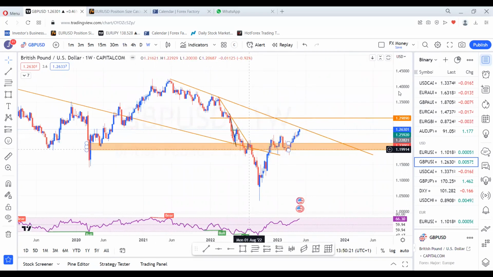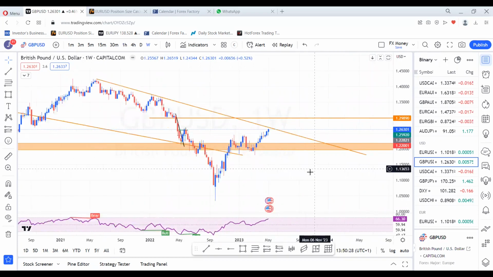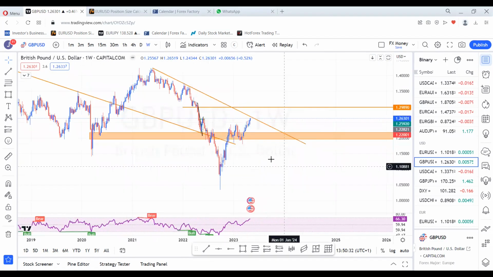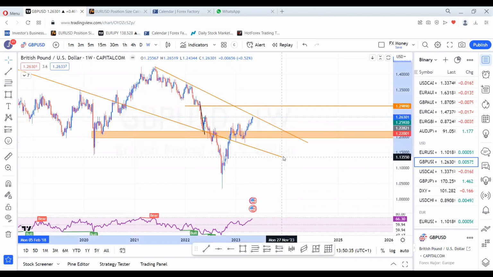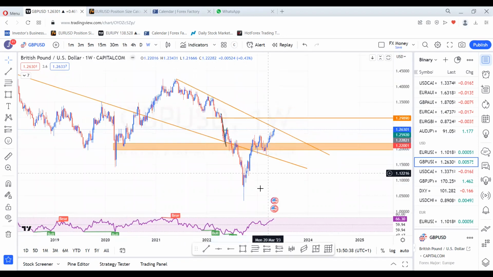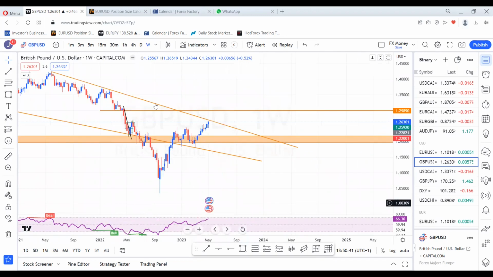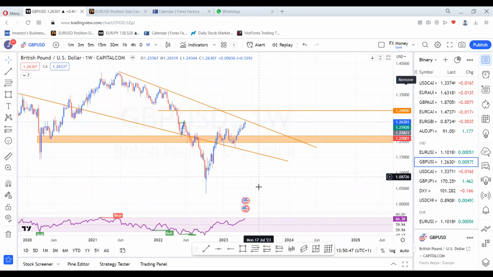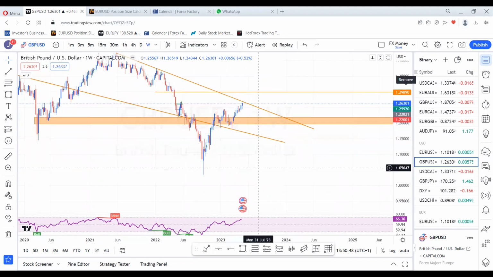I want a very plain chart so that you can understand. We have a trend line that has been active here, and I can see the market touching it again here, giving us a bullish move on the weekly. So this looks like an uptrend for GU.